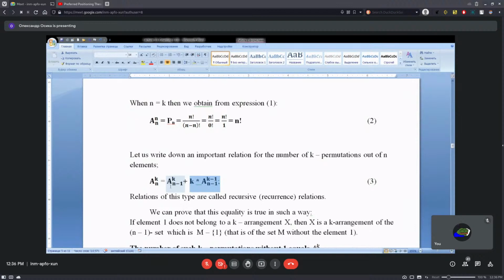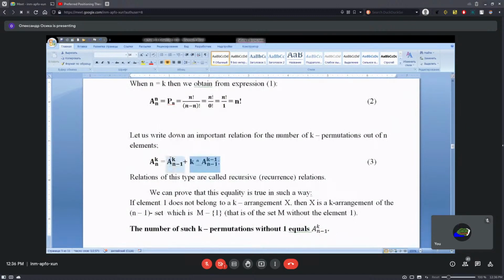And here we are counting the number of permutations without A, made out of n-1 elements. It is like this.